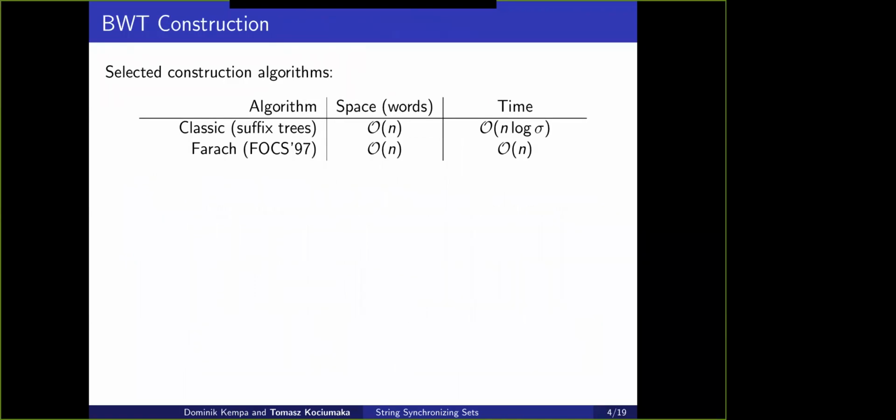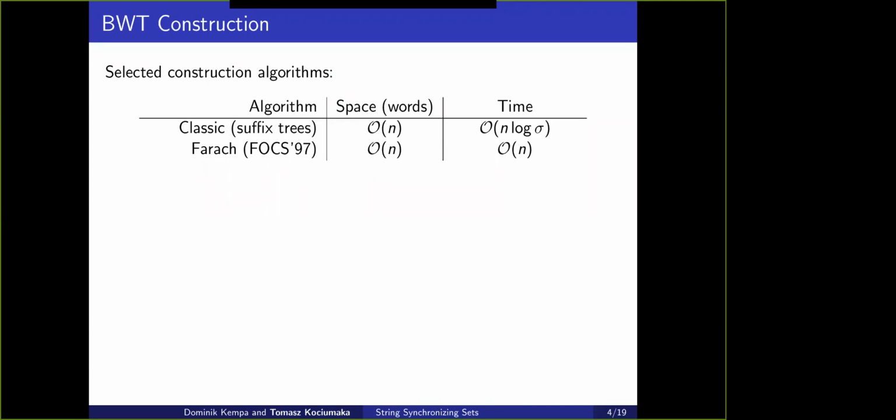So back when BWT was invented, the best we could do for construction was just to actually sort the suffixes and write down BWT according to the definition. Back then, the state-of-the-art suffix sorting algorithm took n log sigma time, and shortly afterward, Farach-Colton improved the running time to linear by showing how to sort suffixes over general polynomially bounded integer alphabets.